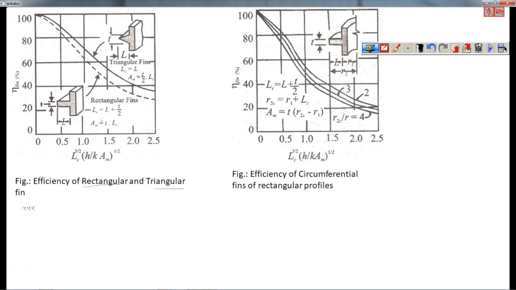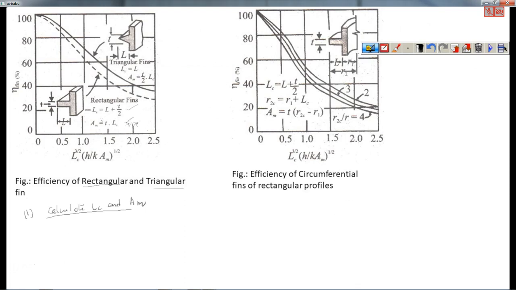First, calculate Lc and Am. In the case of a straight rectangular fin, Lc is equal to L plus t by 2, and Am is given as t times Lc, where Am is the profile area of the fin.